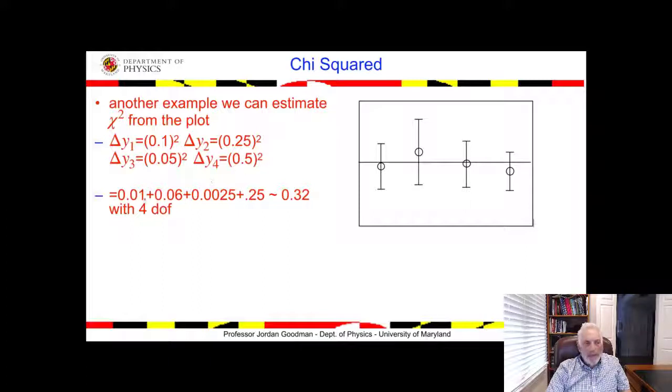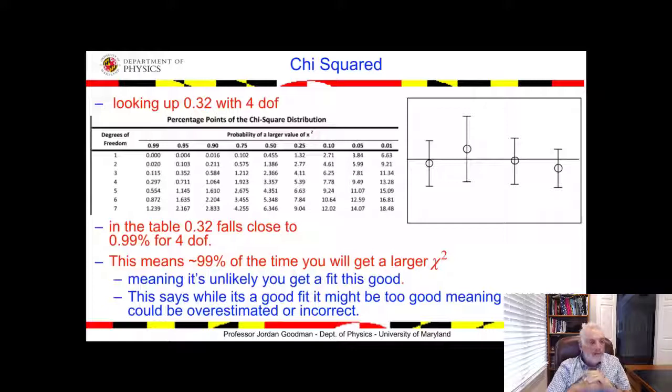So we add up all these things, and we wind up with a chi-squared of 0.32 with 4 degrees of freedom. So we look this back up on our chart, and we say 0.32 falls very close to, for 4 degrees of freedom, this number, which is 99%.